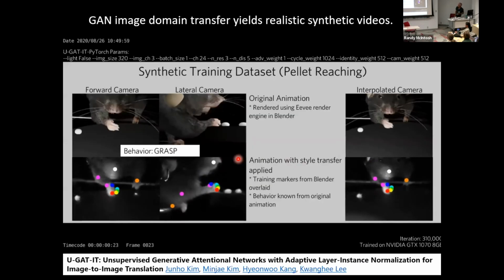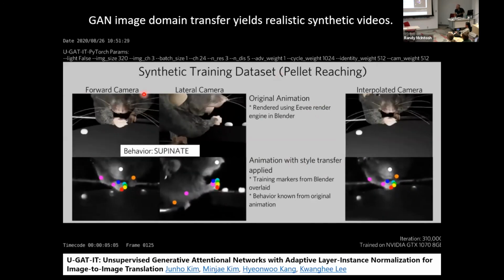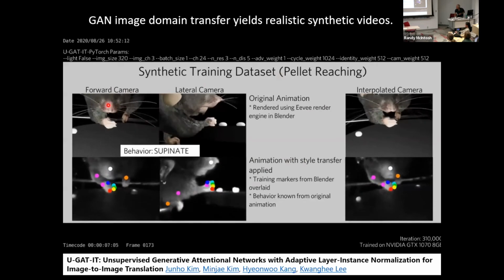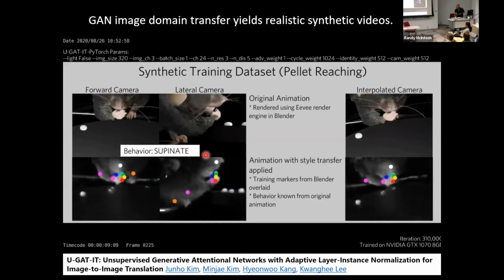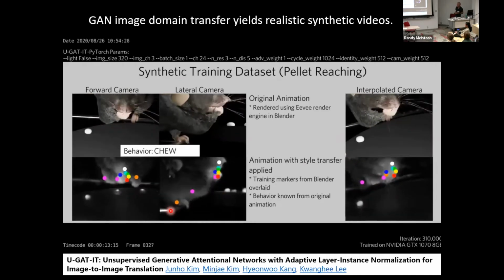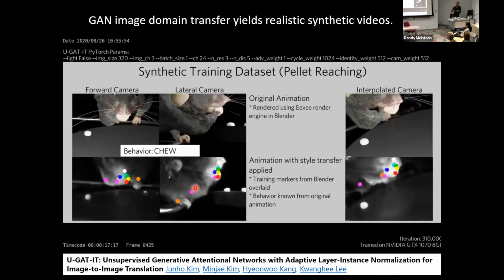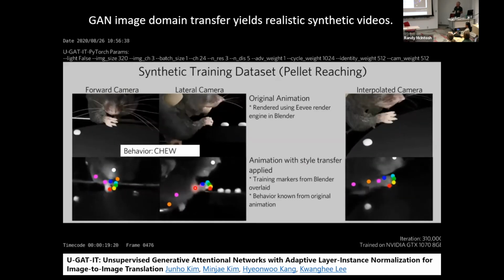So the top here is our fake mouse in an animated pose. And then we used a GAN, what's called a UGATIT model, and we transferred the style of some videos that we had of mice in the lab.